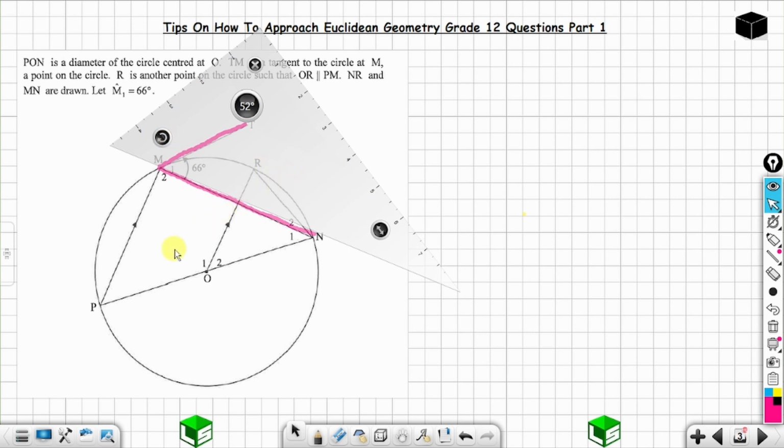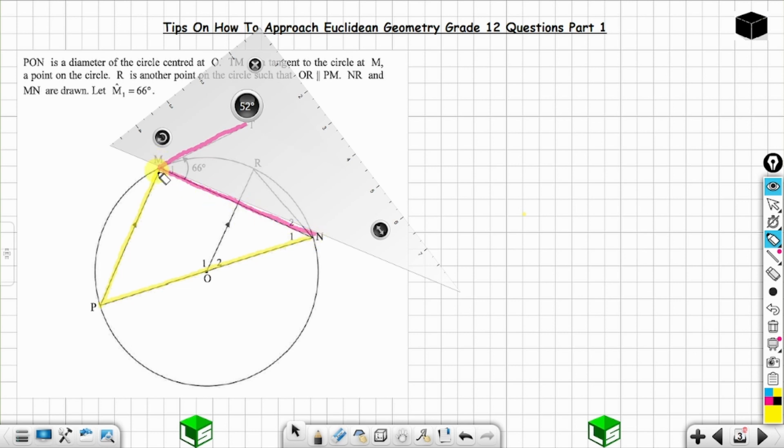Now you are going to check for 2 other lines or 2 other chords which have come off from M and N. You can see you have those chords, those lines. This is the first line and this is the second line. These 2 chords have come off from the edge of the chord MN.